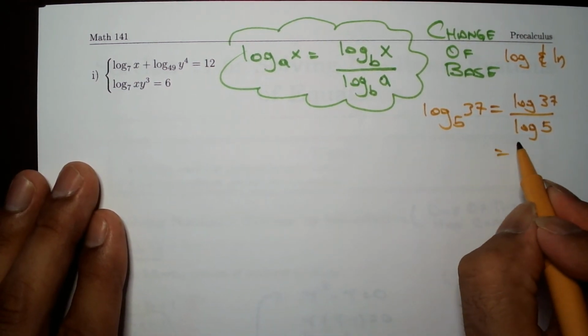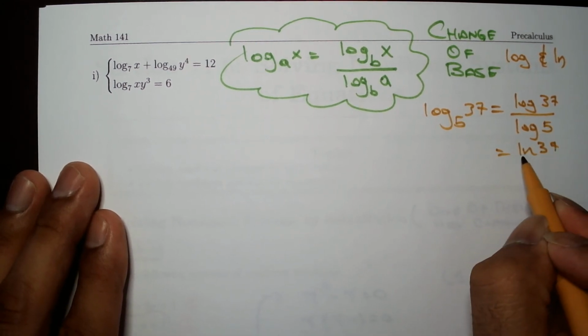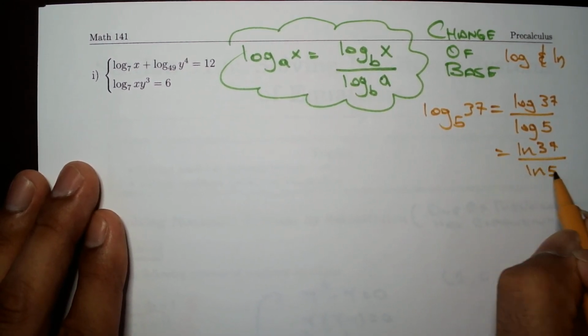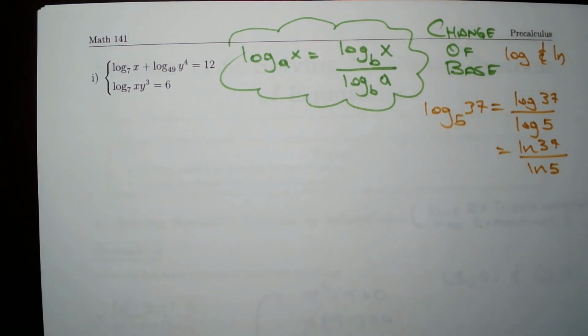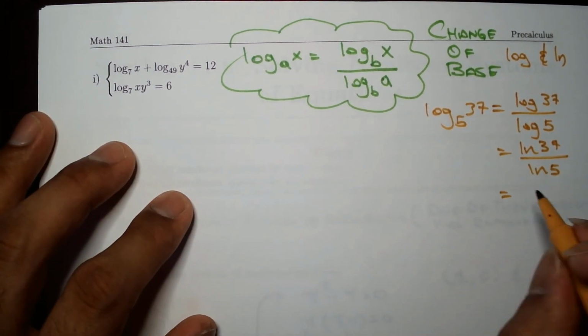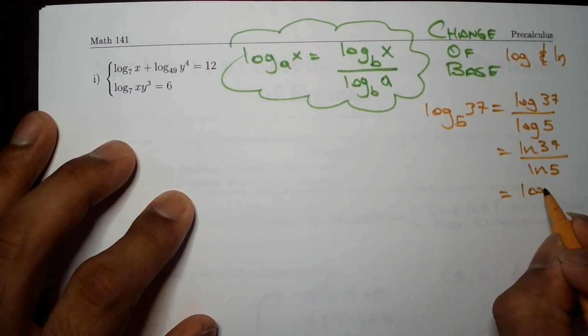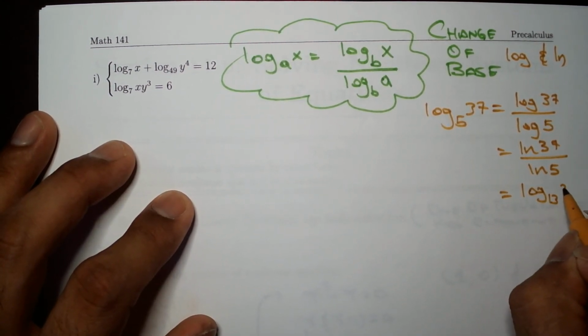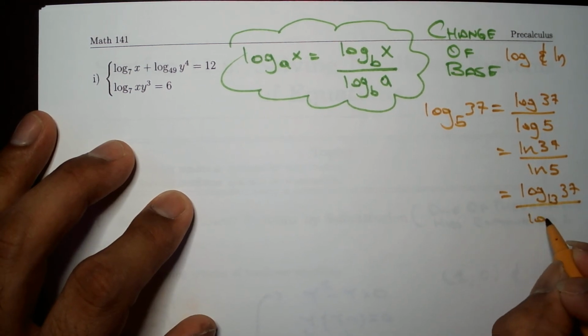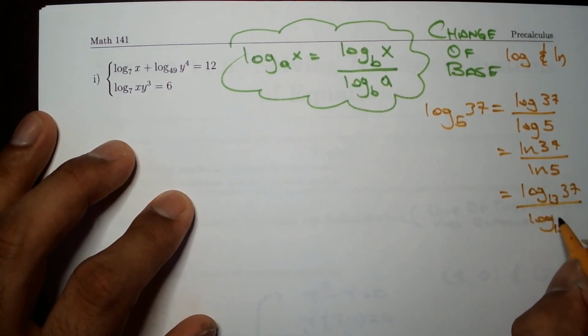Or you can do ln as well, ln of 37 over ln of 5. Or if for some reason you're working on an algebraic manipulation that requires another base, of course, you can do log base 13 of 37 if you want, as long as the new base is also in the denominator.